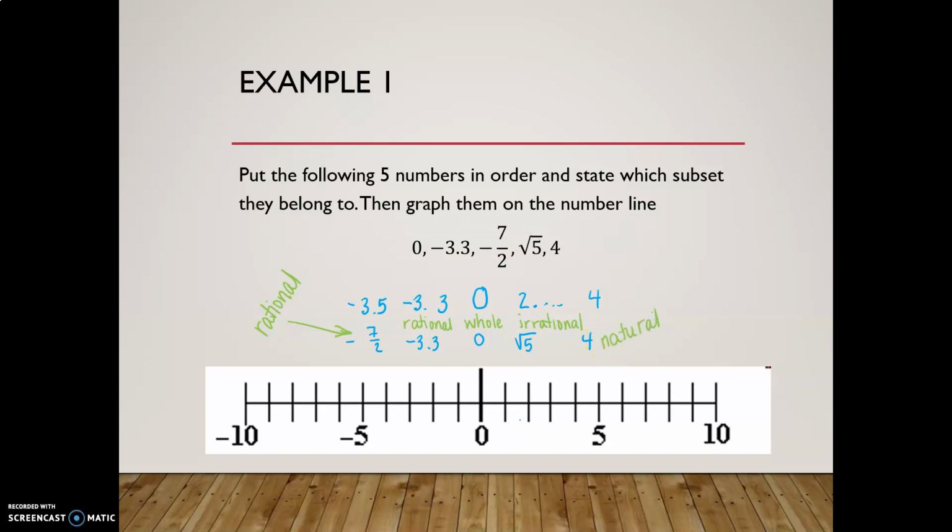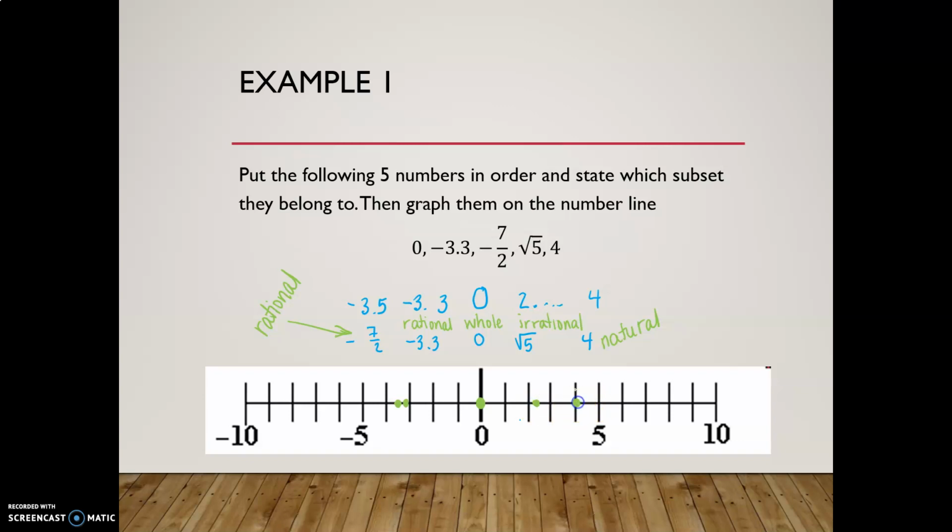And if I plot these on the number line, we're going to get something like -3.5, -3.3, and those are just going to be real close together, and that's all right. 0, square root of 5, which is 2 point something, and 4.